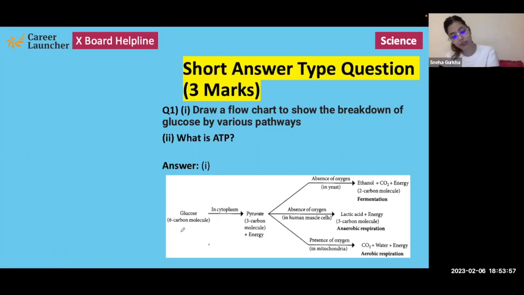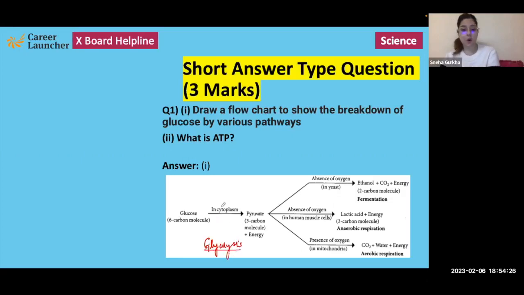So the first process that is common for both aerobic and anaerobic respiration is the breakdown of glucose into pyruvic acid or pyruvate. So glucose is a 6-carbon compound. In the cytoplasm, it breaks down into 2 molecules of pyruvic acid or pyruvate, which is a 3-carbon compound, by a process known as glycolysis.